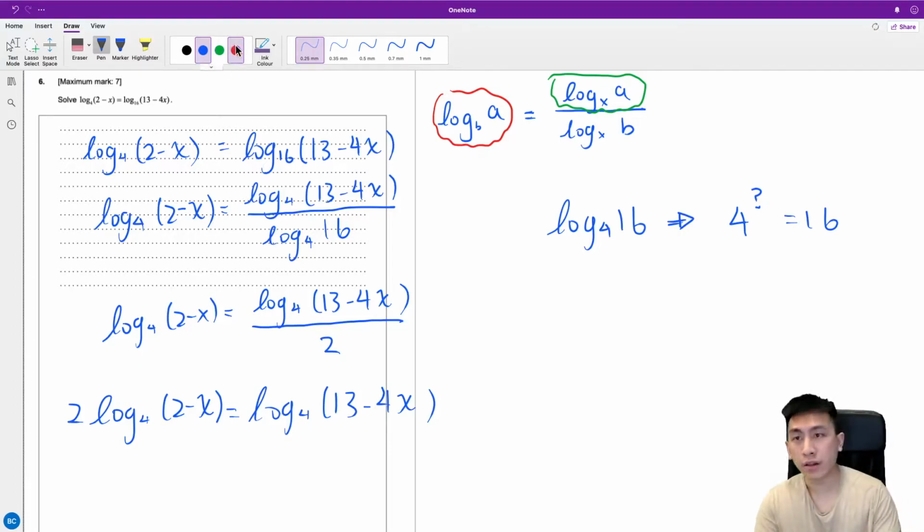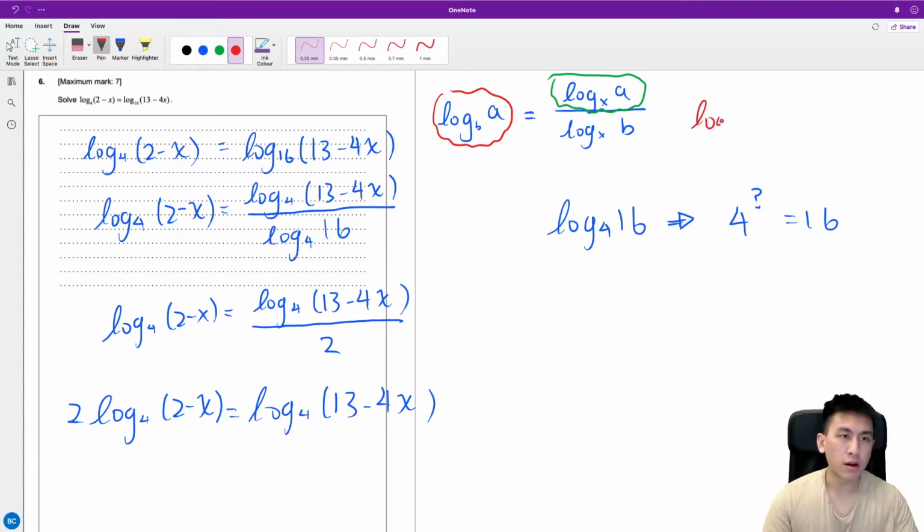You can only unlog things when you have log blah blah blah equals log blah blah blah. You can only take away the log if it's exactly in terms of that, and of course the same base. If you have some integer here, like a 2 in that case, you can't unlog it. You have to move the 2 over to here as a power.